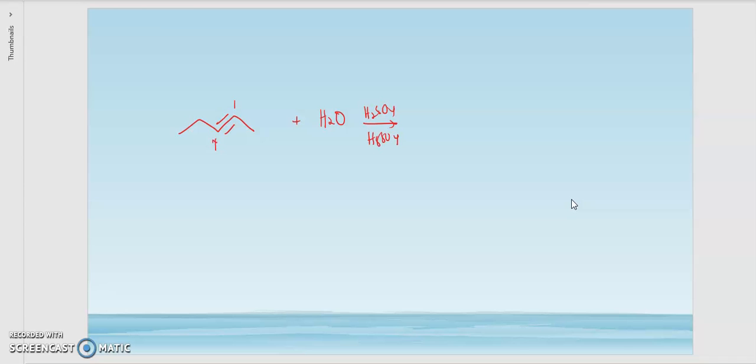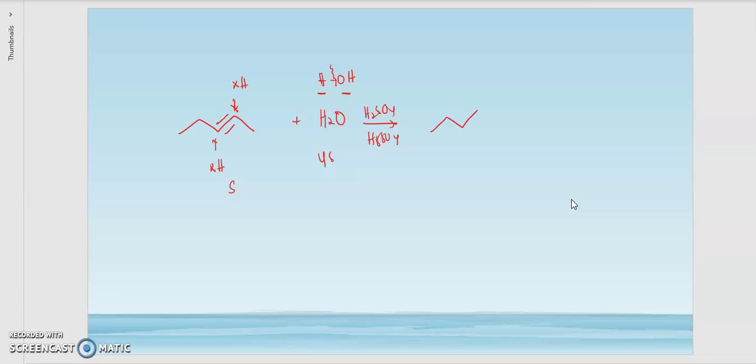This one is an internal alkyne. This one has no hydrogen, this carbon also has no hydrogen, so it is symmetrical. H2O is H and OH, so it is unsymmetrical. If you break it down, one part gets hydrogen and the other part gets OH.